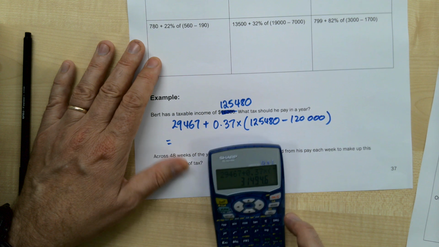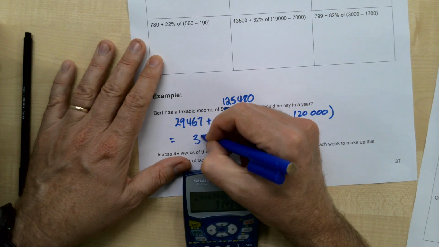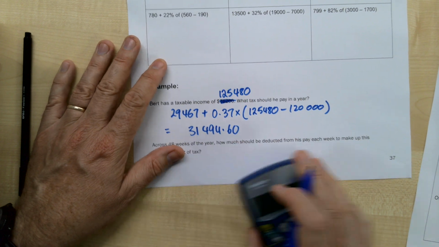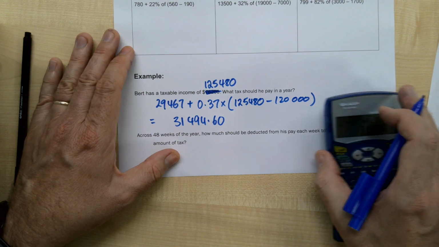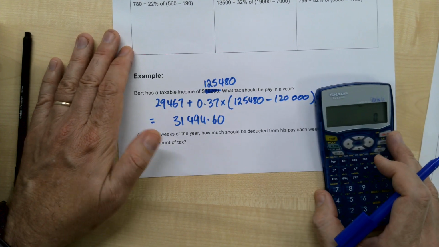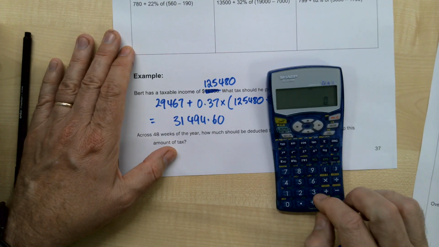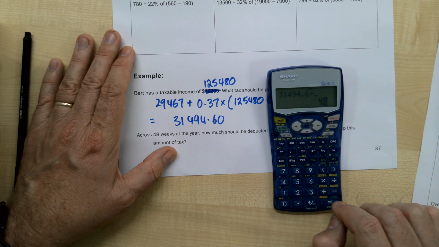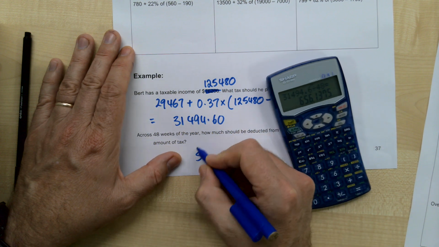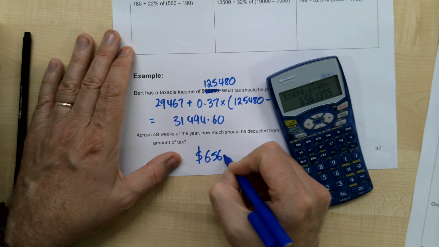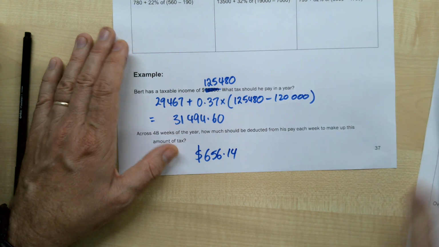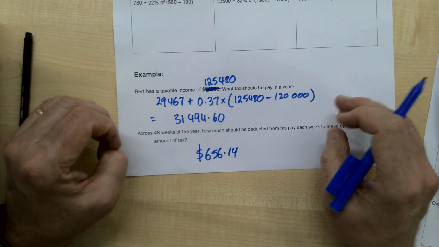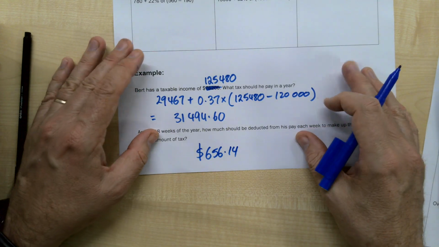Close the bracket. So that's $31,494.60. That's what this person should pay for the year across 48 weeks. 31,494.60 divided by 48 should be $656.14 per week.